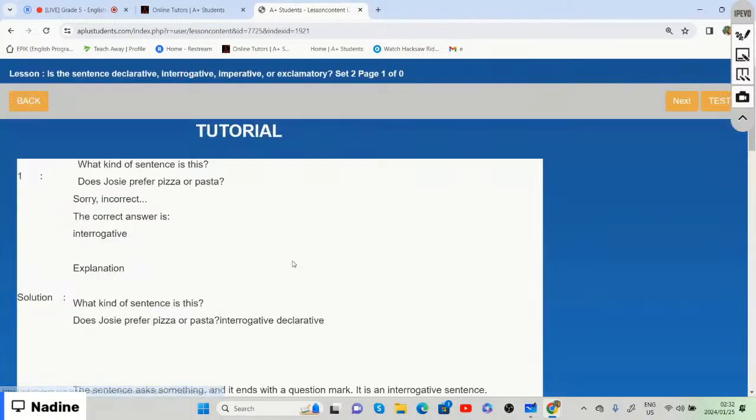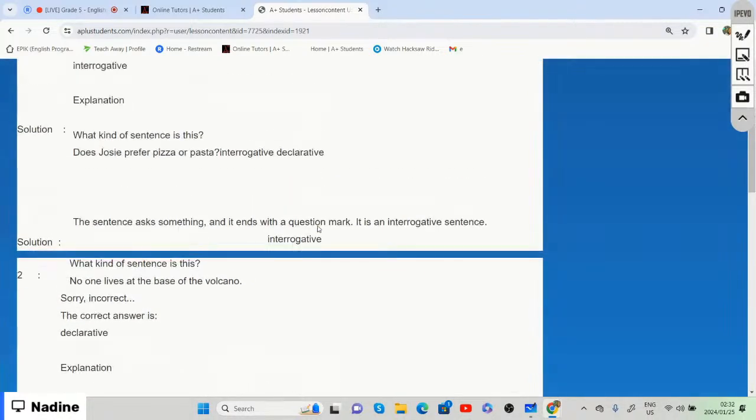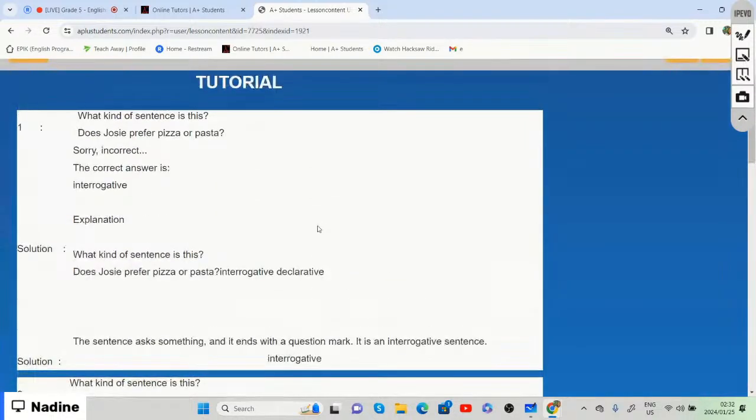So we're going to the second set, where we also say, is a sentence declarative, interrogative, imperative, or exclamatory? All right.